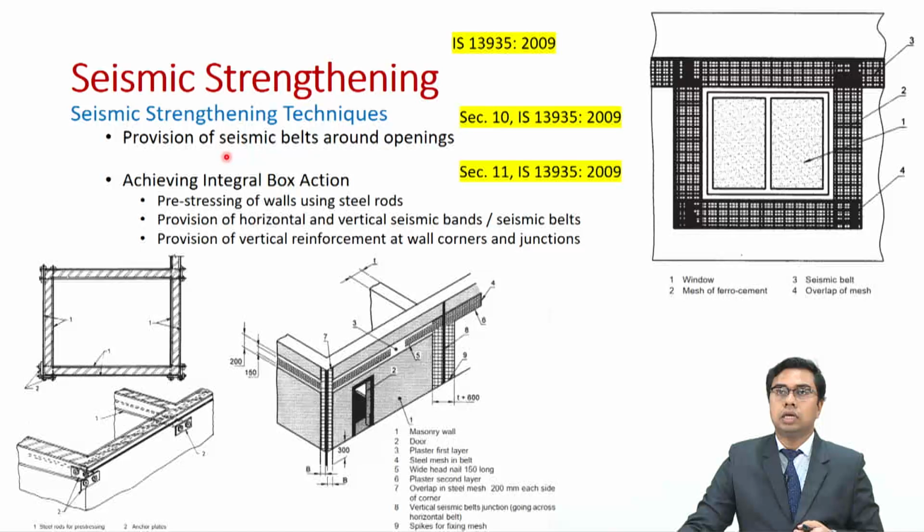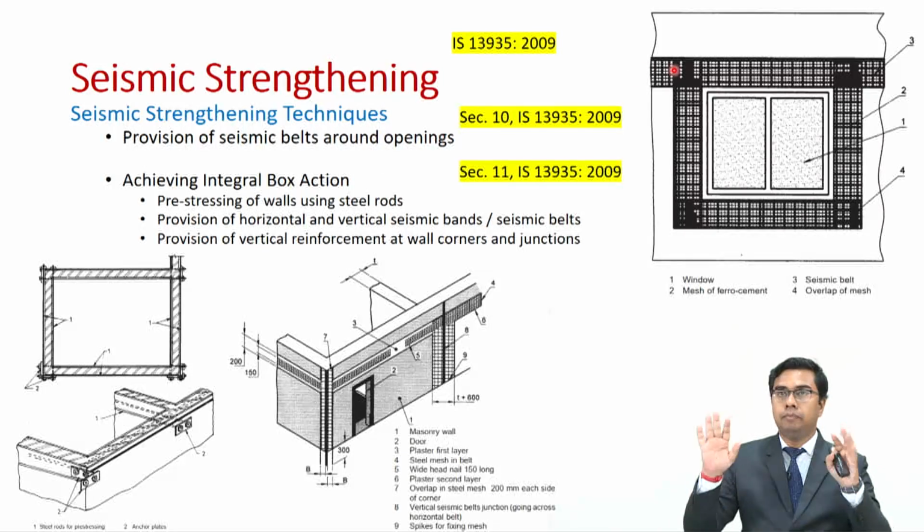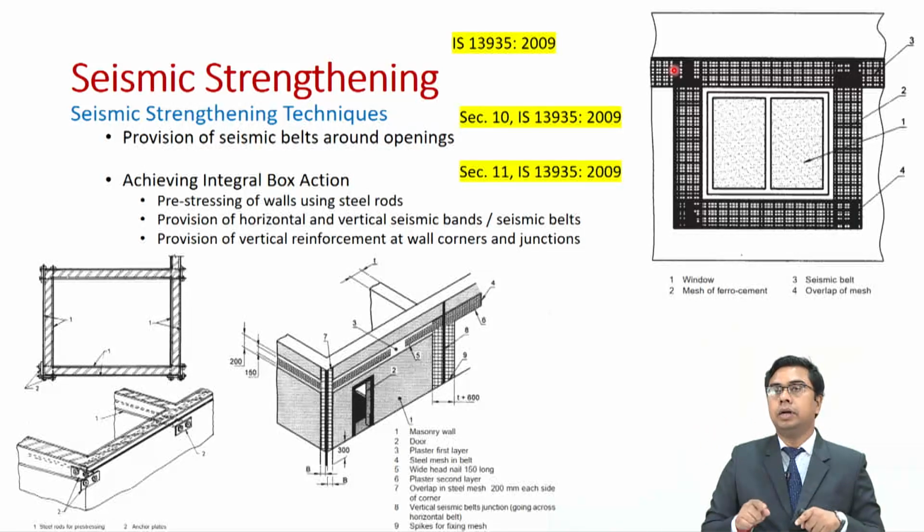There are some more seismic strengthening techniques which are related to provision of seismic belts around the opening. Now, the difference between seismic band and belt is that a seismic band is provided in the same plane as the wall around the opening, but if you do not have seismic bands provided in the wall, then what will you do?